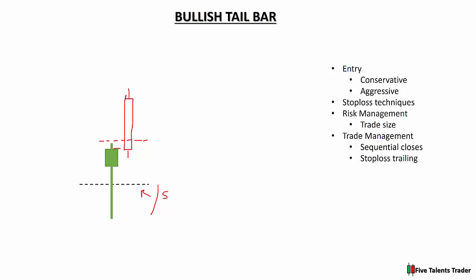Now, where do I put my stop loss? Again, the aggressive technique will place the stop loss there. But the reality is that does not give price enough room to play. And so my preference would be to place the stop loss here.